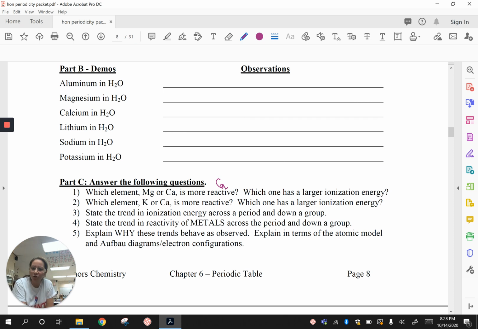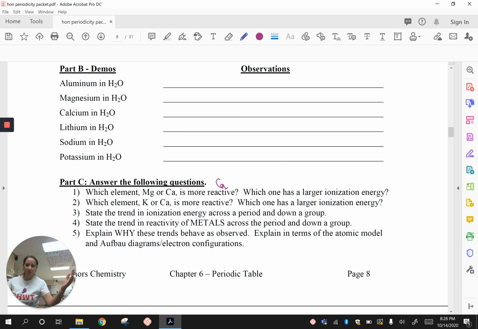Which one has a larger ionization energy? So let's think about this. So metals, all these metals that we've tested, they react by losing electrons. The energy that's required to lose that electron is the ionization energy. So if it's pretty easy to lose an electron, that means I don't have to put in much effort to remove it, right?